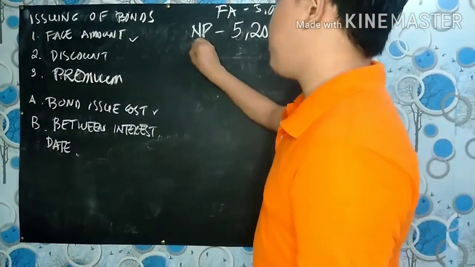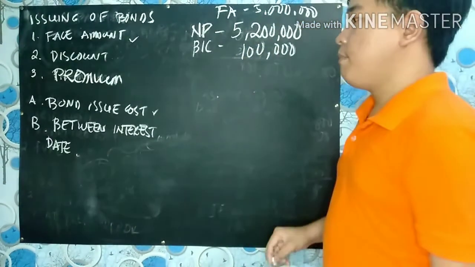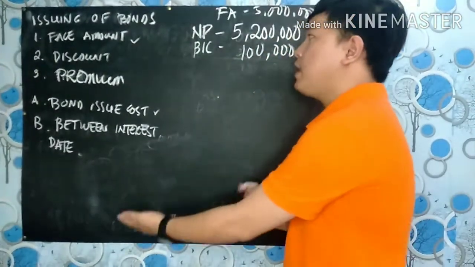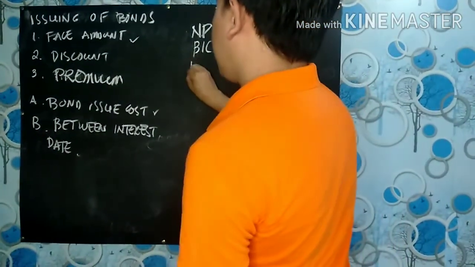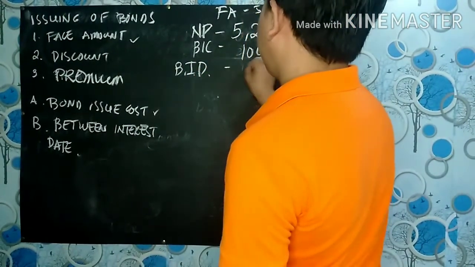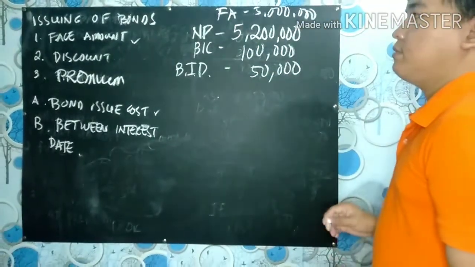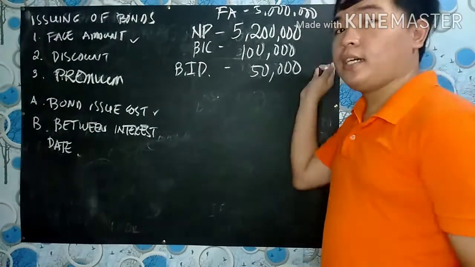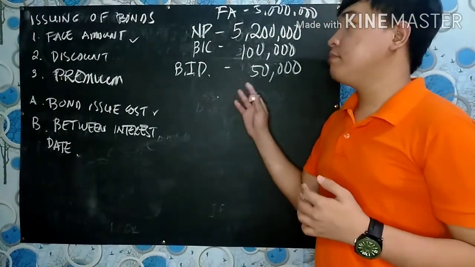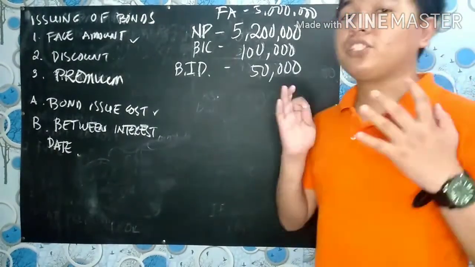Meron tayong nagastos na bond issue cost na 100,000. Okay? Meron tayong between interest date. Na-explain ko naman sa inyo kanina yung between interest date. Hindi na ako magbibigay ng example. So, meron tayong between interest date na 50,000. So, ayan yung nangyaring transaction. Yun yung binigay sa problem.